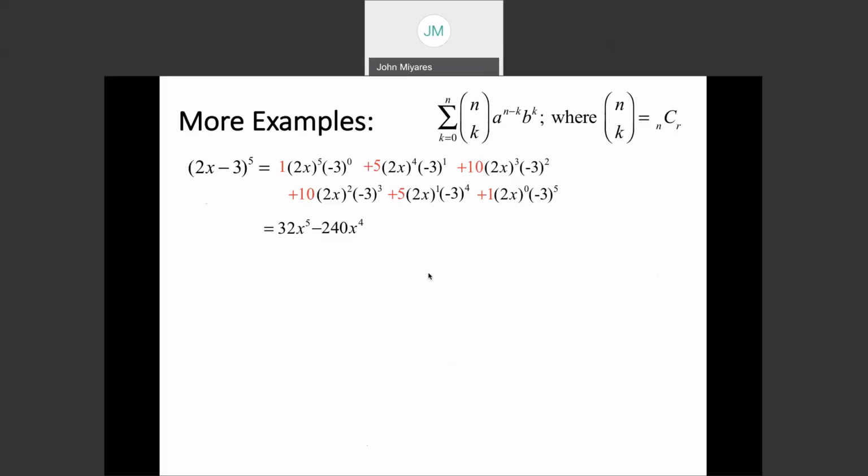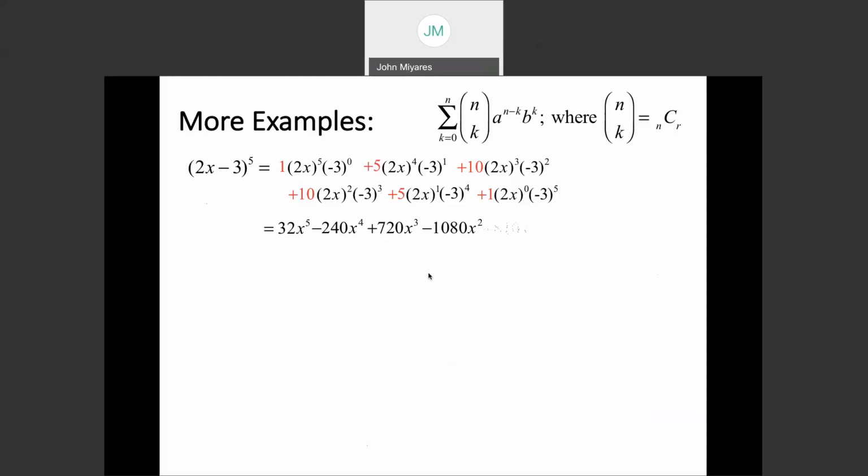For the third term, you've got 10 times 2 cubed times negative 3 squared. So that becomes 10 times 8 times 9, which will become 720. Next, we have 10 times 2 squared times negative 3 cubed, which reduces to negative 1080.